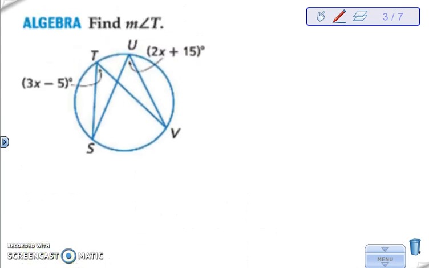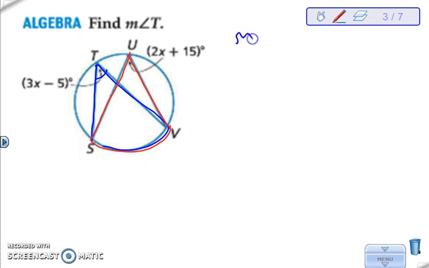So if I'm told to find angle T, I notice that angle T and angle U both intercept arc SV. So therefore angles T and U must be congruent.